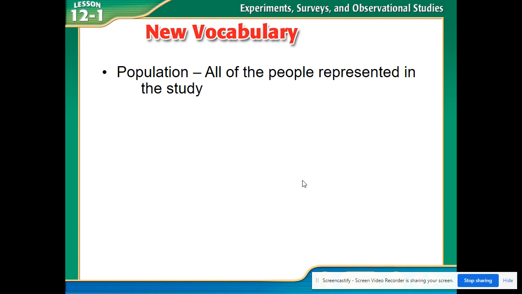She had the more popular vote and all that, but they weren't asking every person in America. Every person in America was the population. They were just asking a small sample of that, and that sample actually was not indicative of the population because President Trump is now our president.